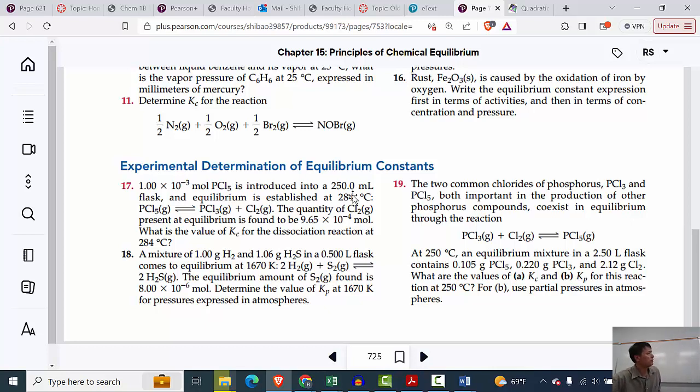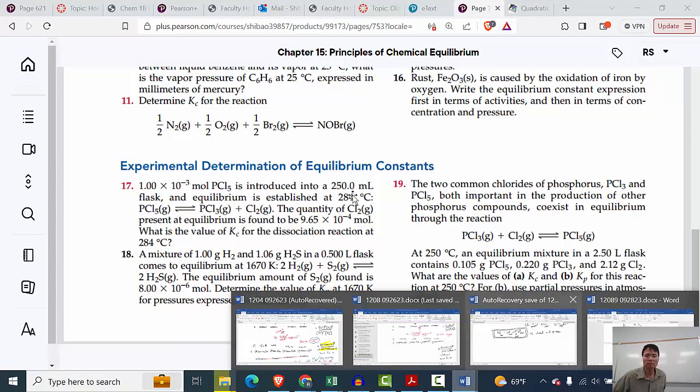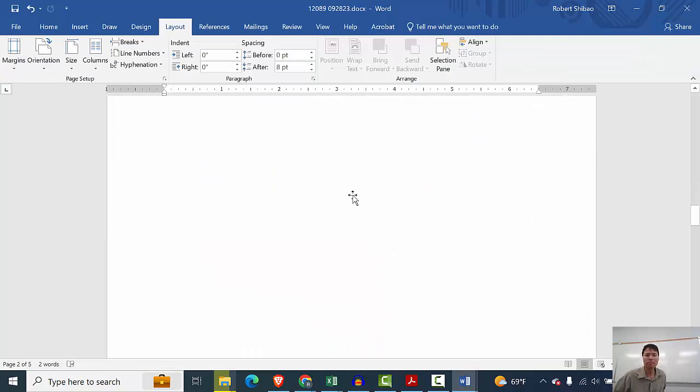In this next series of problems, we set up the ICE table and we're missing a piece of data. So if you look at number 18, number 18 is set up like this. And so in the next series of problems, you'll have something like 2A plus B goes to 2C in this case.